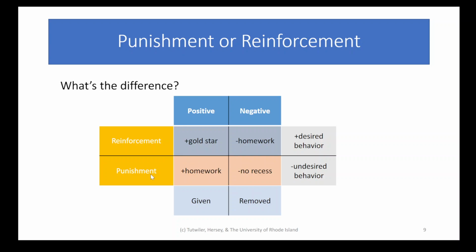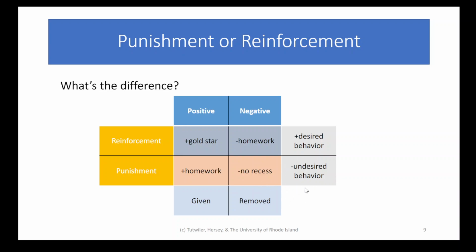So let's say you didn't turn your homework in on time and I wanted to punish you. If it's a positive punishment, I have to give you something. I add something to you in order to punish you. So maybe I'm like, hey, you didn't turn your homework on time, so now you have extra homework. I have given you homework. I have added you homework in order to make you not do the undesired behavior.